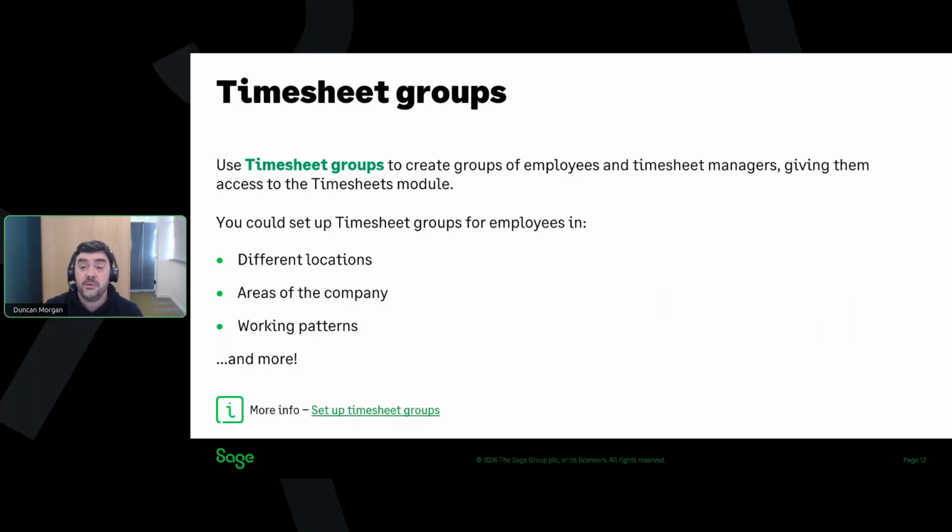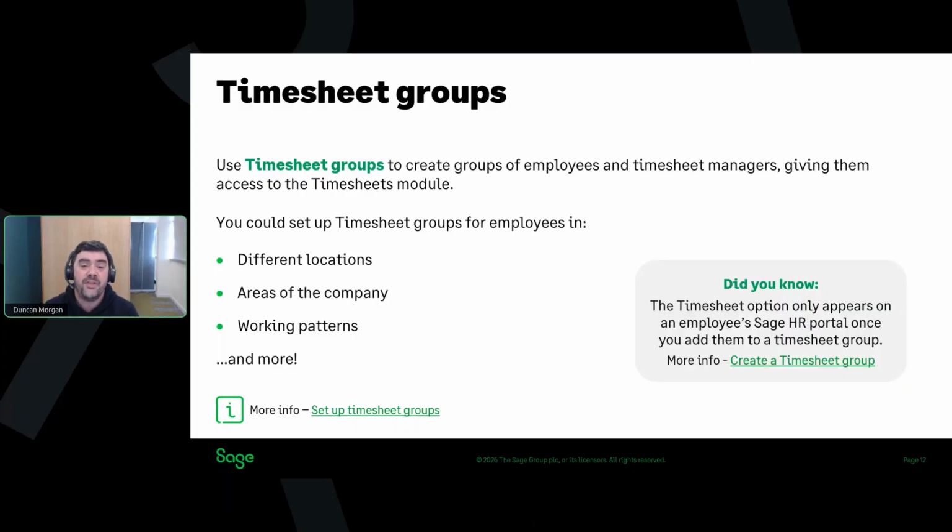Once added to a timesheet group, that will then allow those employees to access the timesheet features within their software. So when they log into the HR portal as an employee, they would see timesheets if they are a member of a timesheet group. Employees would fill in the timesheets.